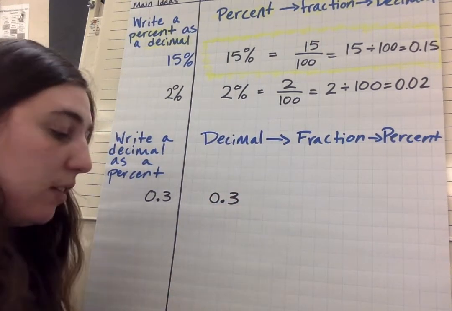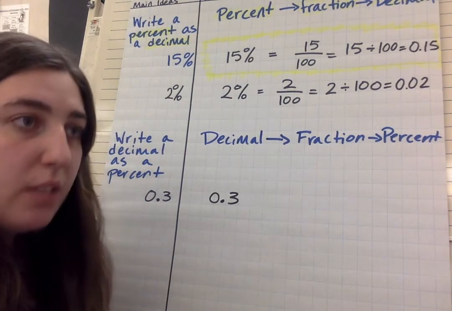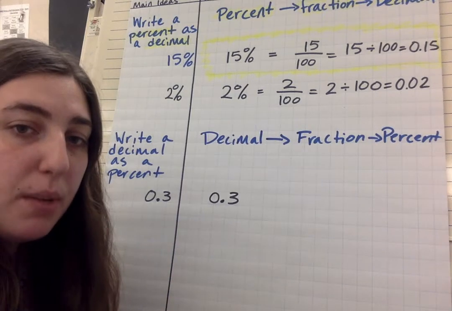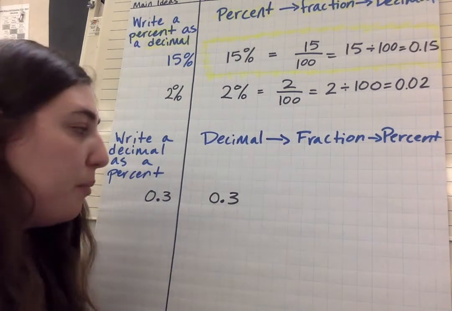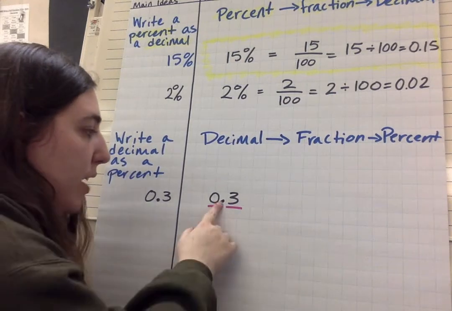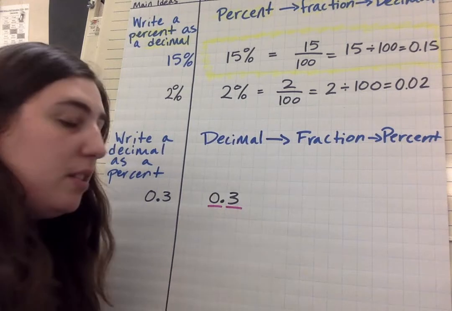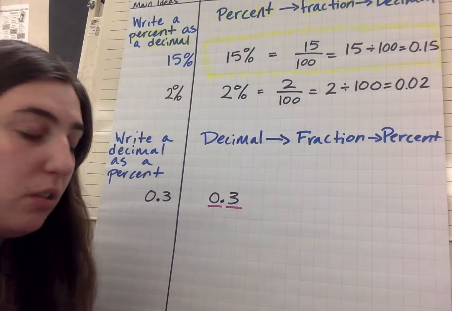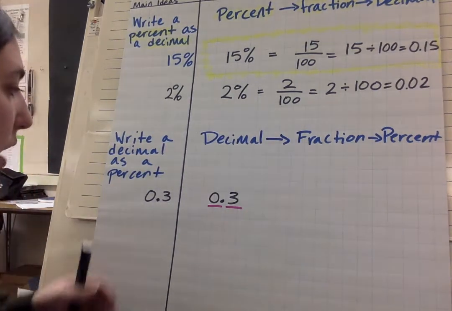First thing I want you to do is place this into a little place value chart. It doesn't have to be a big one, and you can actually just make the underlined lines right under the number. So 0.3, that's something I want to see you doing on your test so that I know that you know where the numbers are supposed to go on the place value chart.